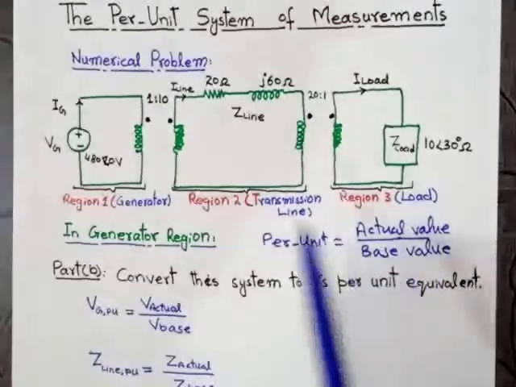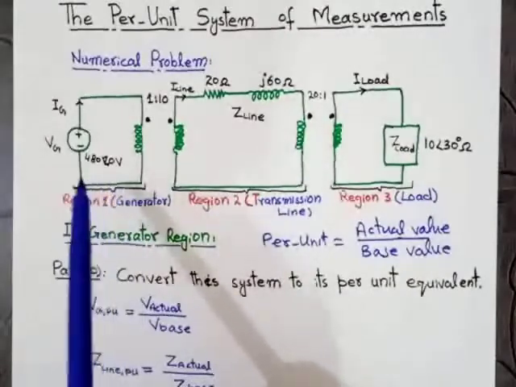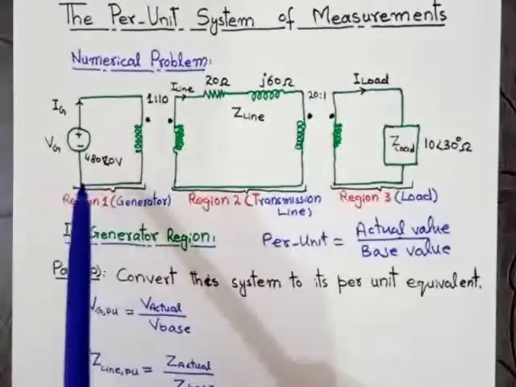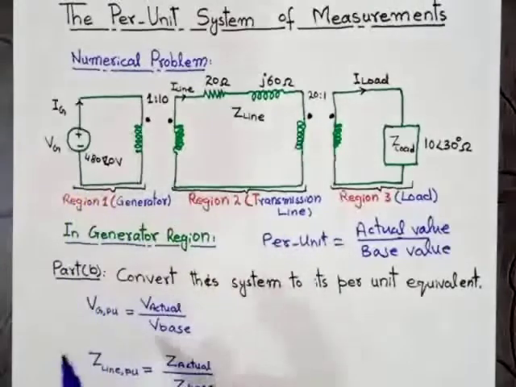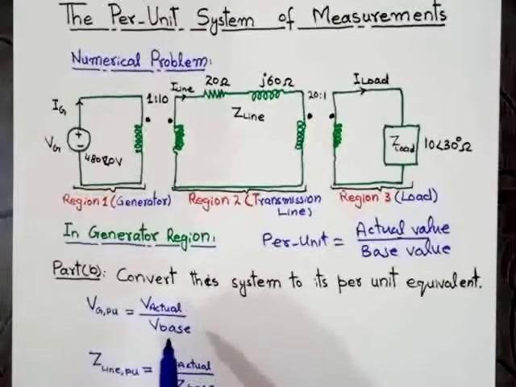So the first actual value is the given voltage. The voltage in the given system is 480 volt. It means the actual value of the voltage in the given system is 480 volt. So voltage in the generator side per unit will be equal to the actual value of the voltage divided by the base value of the voltage.